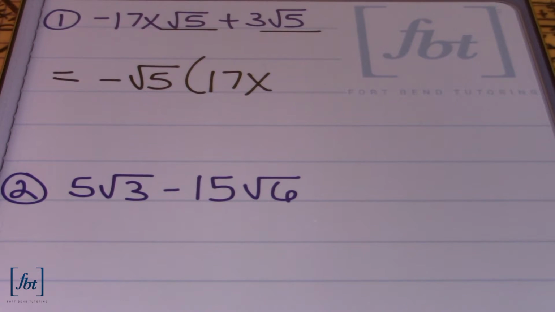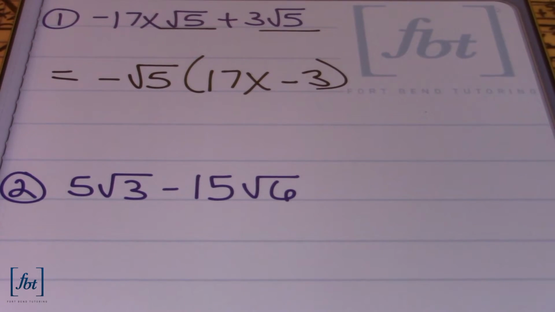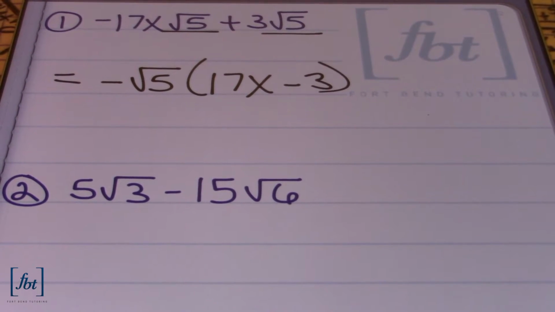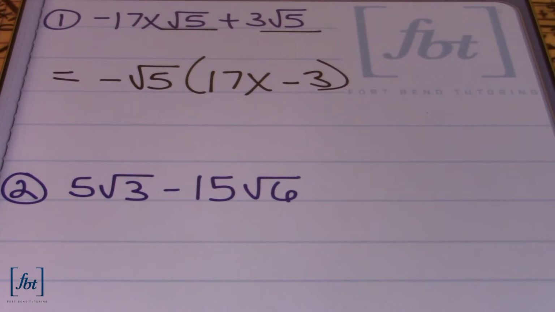It's beautiful. It just works itself out. Then dividing our 3 square root of 5 by a negative square root of 5, well, the negative square root of 5s will cancel out and you'll end up with negative 3. All right. And this is the answer right here. Your result is a negative square root of 5 times the quantity of 17x minus 3. There it is. So we factored the expression using radicals.